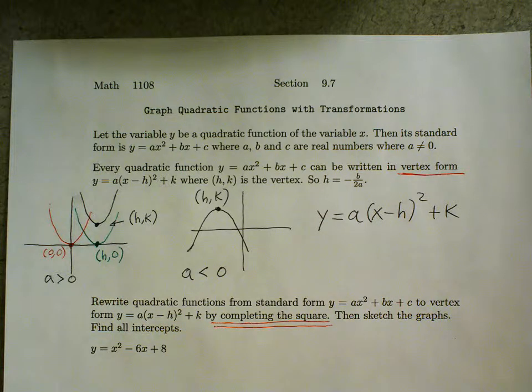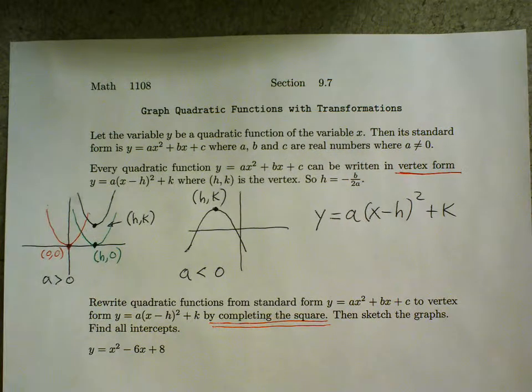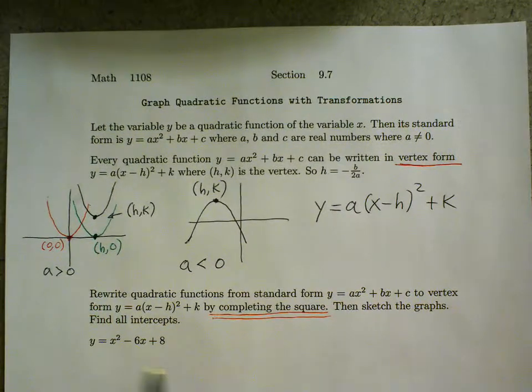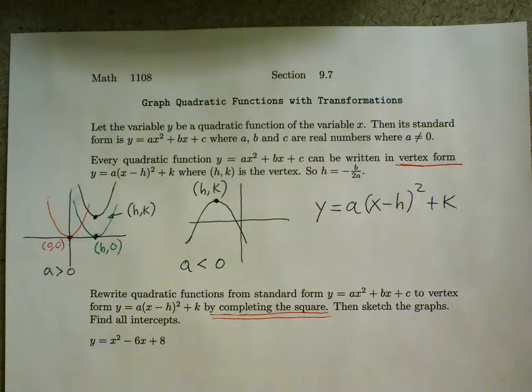So there's a perfect square trinomial involved. Okay, we'll do a bunch of examples, and I'll show you step by step how to transform a quadratic function from its standard form to its vertex form.